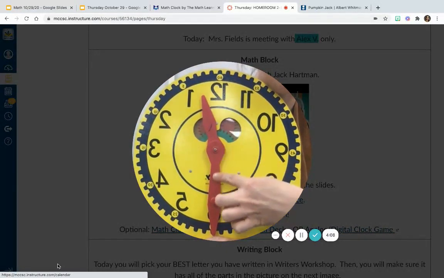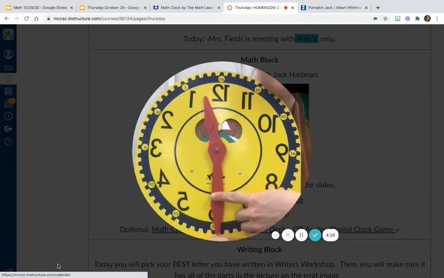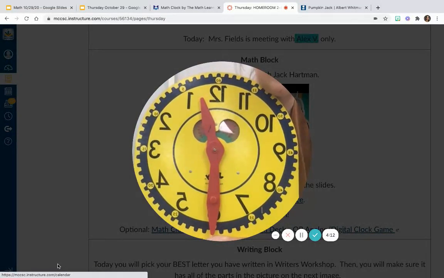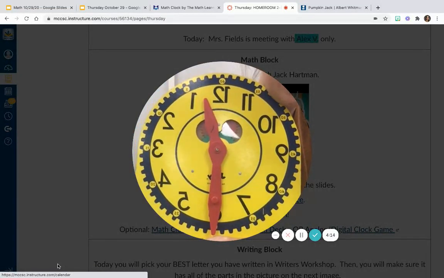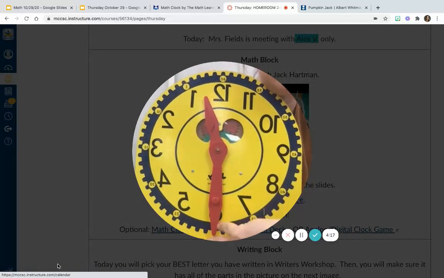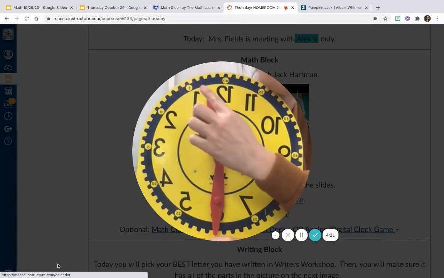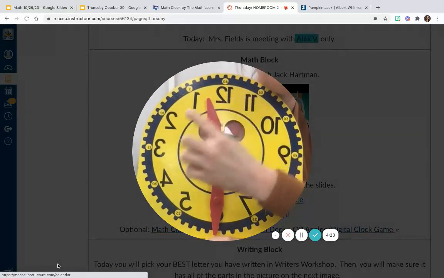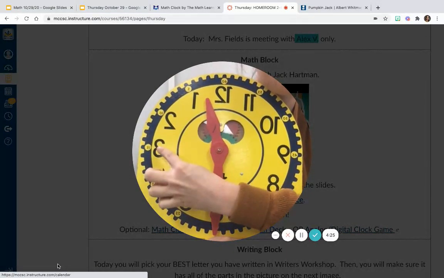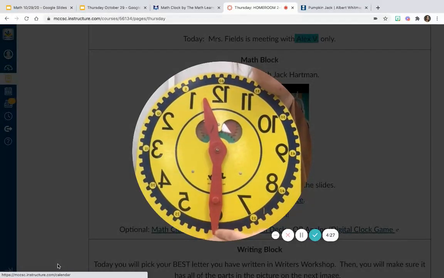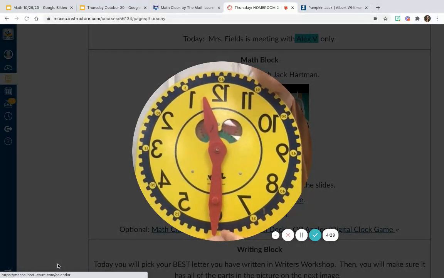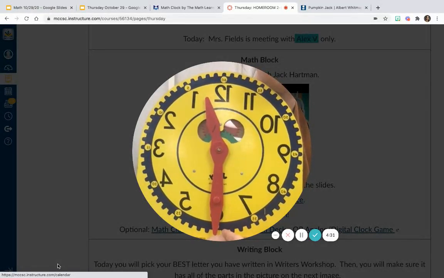So I look at my long minute hand, and I know that when I'm counting minutes, I count by fives. So I wouldn't say 1, 6. That doesn't make sense. It would make sense to go 1, and then to find my minutes, 5, 10, 15, 20, 25, 30. So the time on my clock says 1:30.